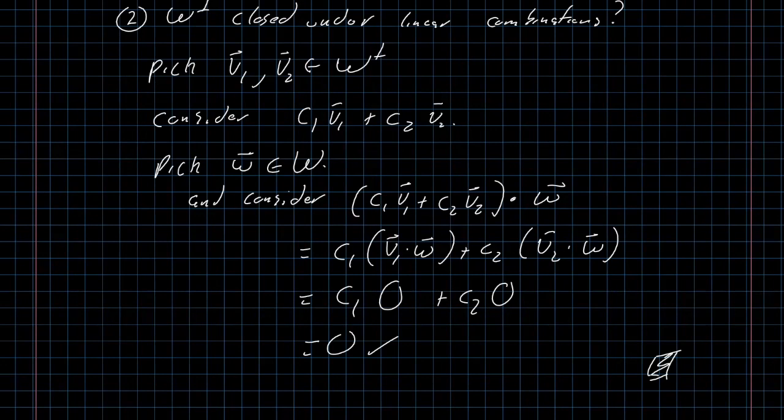And so the 0 vector is in the complement. Linear combinations are within the complement. Those are the two properties it takes. The orthogonal complement is itself a vector space.